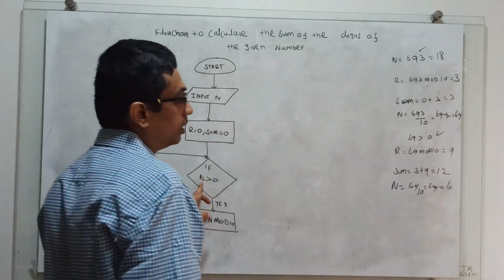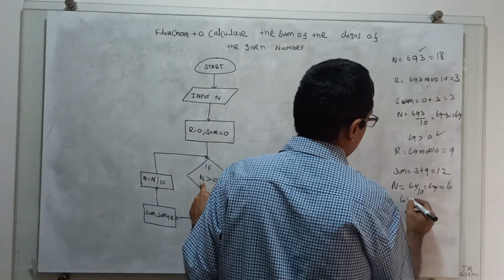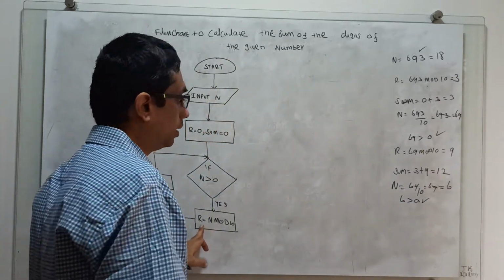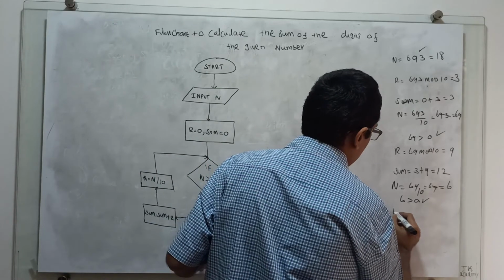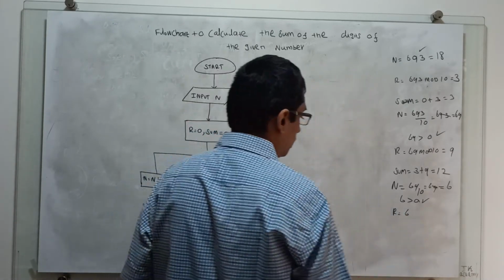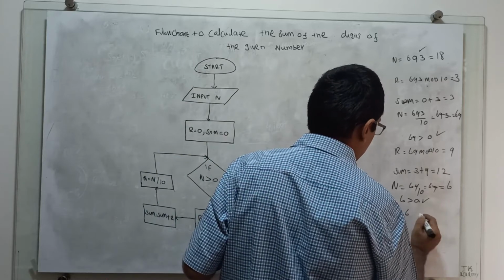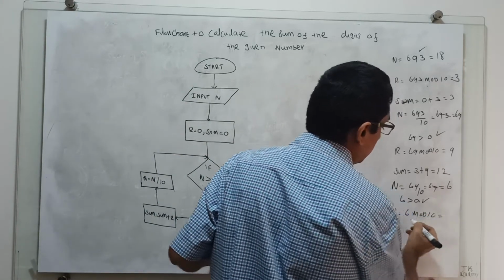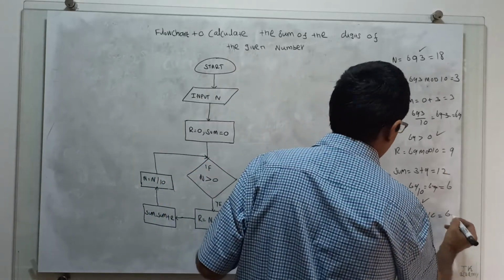Again it will check 6 greater than 0, which is true, then r equal to n mod 10, so r equals 6 modulo 10. 6 is less than 10, so it will return the same value, r equals 6.